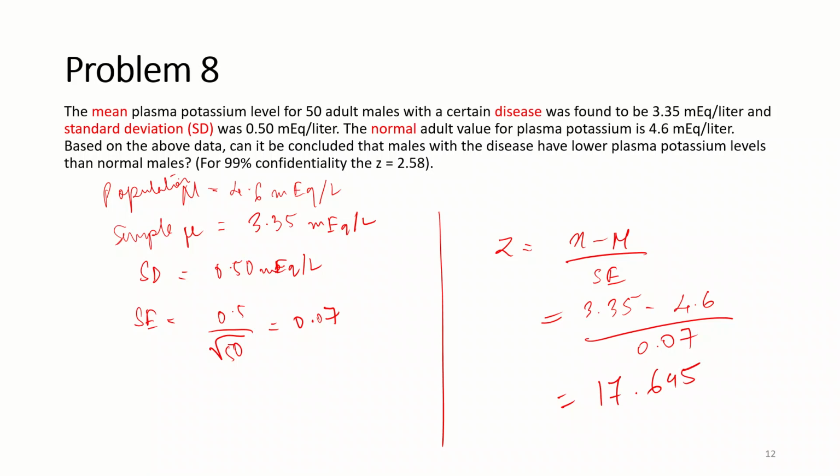Now you have to compare it with the z value from the z table. The z table says it is 2.58 and our value is greater than 2.58, so the null hypothesis will be rejected. H naught is that males with disease do not have lower plasma levels, and the alternate hypothesis is that males with disease will have lower plasma levels.